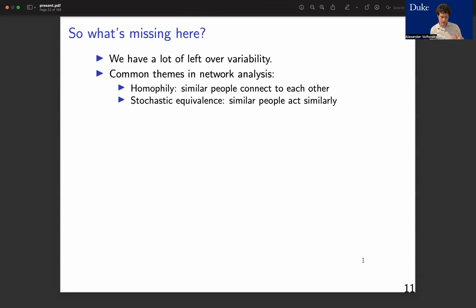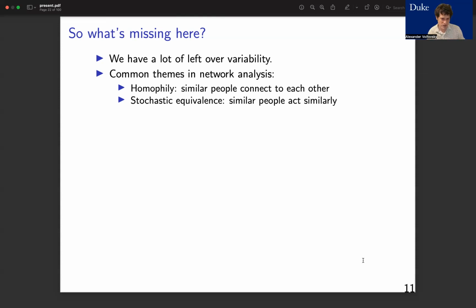But it turns out that a lot of real human behavior is not just additive. We want to be able to say something about how similar individuals are likely to connect to each other. So we can start capturing that with those expressed dyadic effects, but there could be additional latent homophily of that sort.